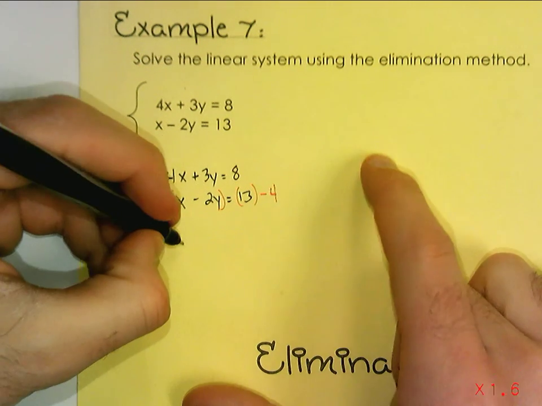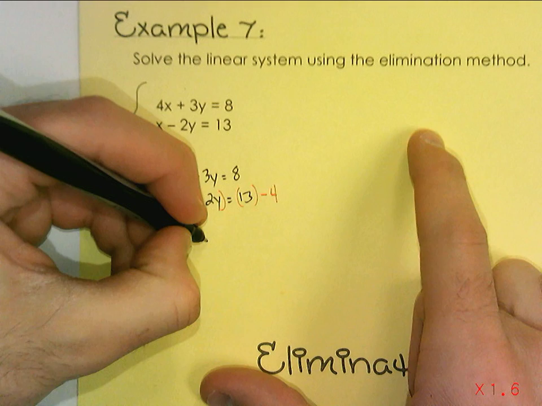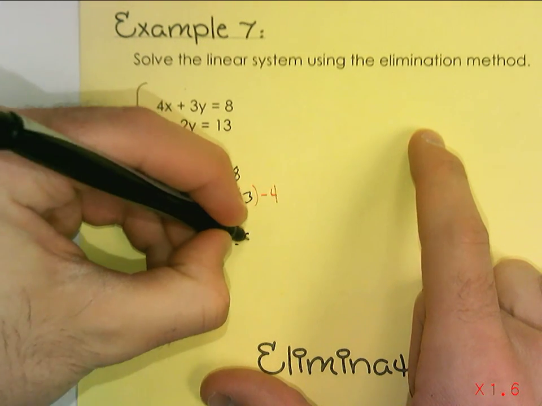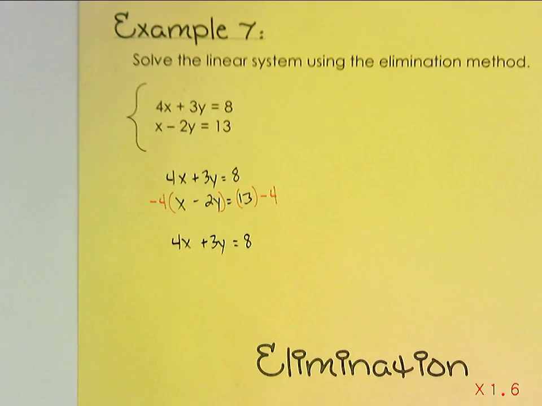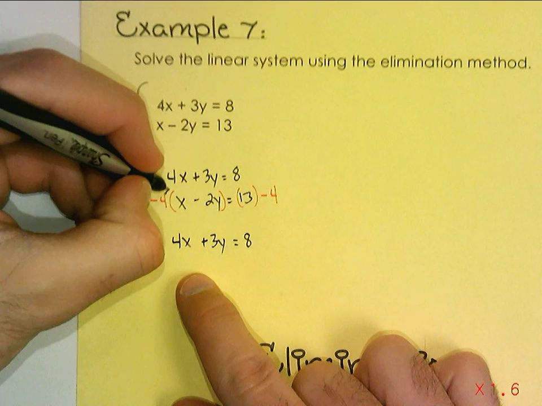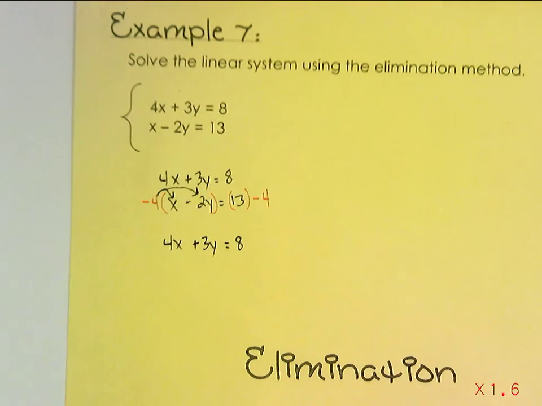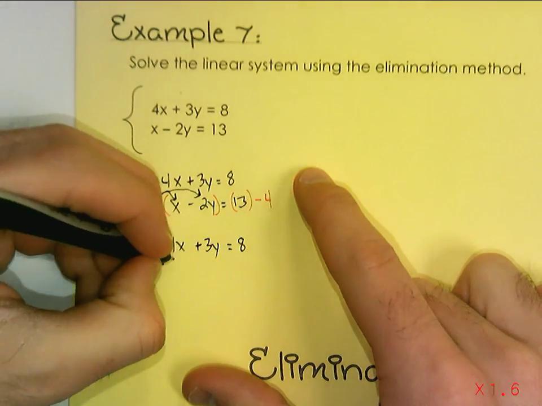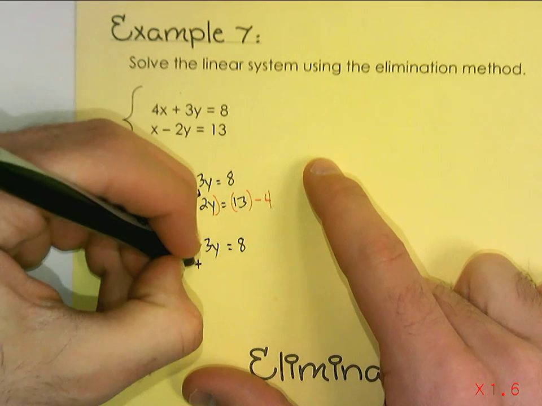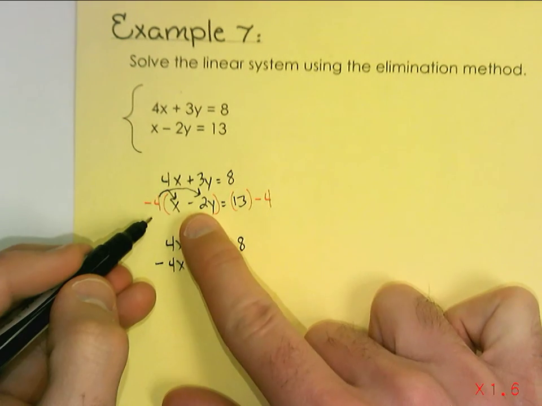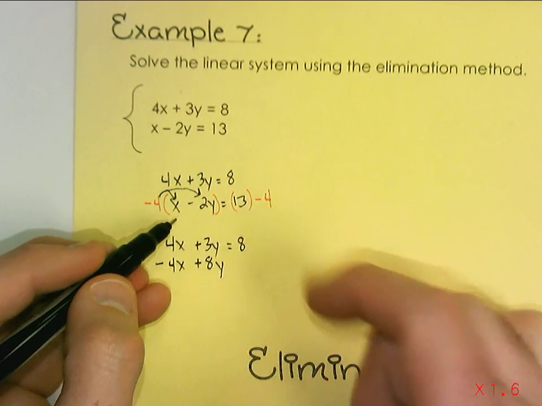So let's rewrite our first equation, 4x plus 3y equals 8. If I multiply through here, remember we have to distribute. Don't forget that. I'm going to have negative 4x plus 8y because negative 4 times negative 2 is positive 8.